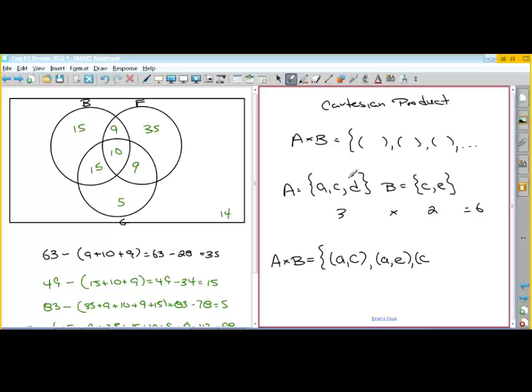So you take the letter C, you go to the first letter here, which is also the letter C. Then you have C and E. Another comma, 2 more, change the first to a D, so you get D, comma, C, and D, comma, E. So there's the 6. Actually, you have to use parentheses there. So let's fix that. So the pairs have parentheses.